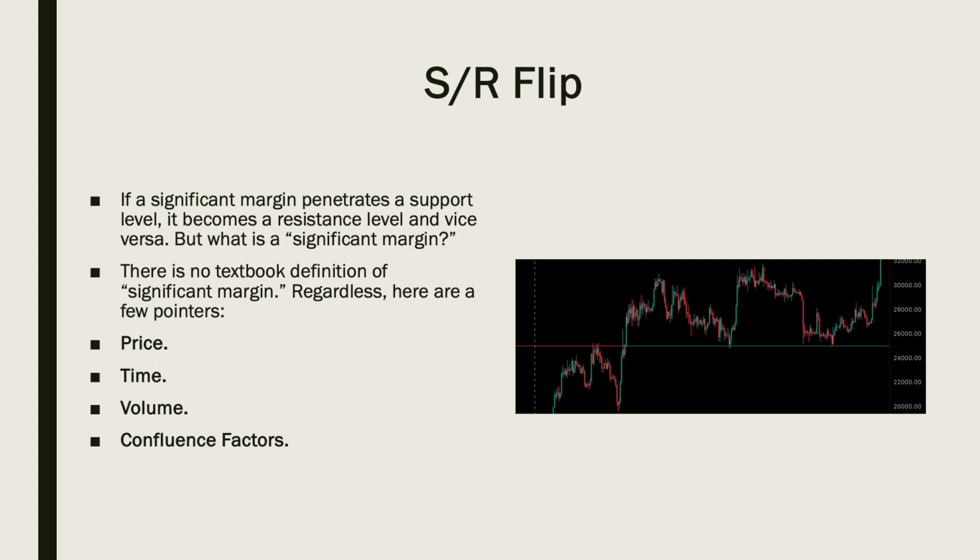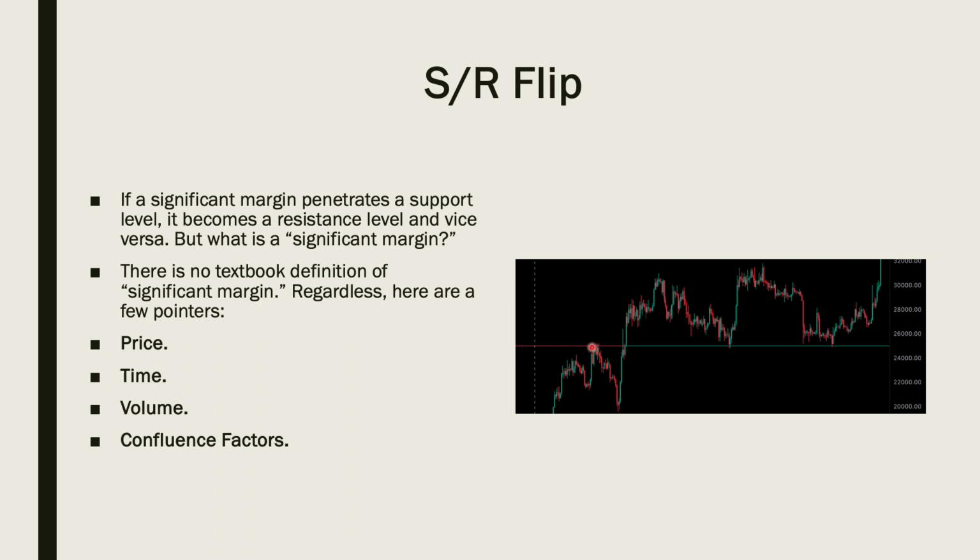Okay, the next issue is a support and resistance flip, and you should pay attention because this is maybe the most important issue related to support and resistance, okay? Because let's look at the example here first. This is the Bitcoin chart, and the horizontal line is the 25K level.